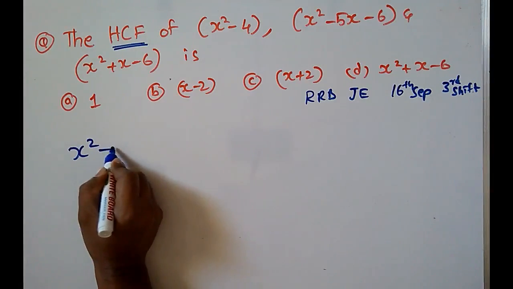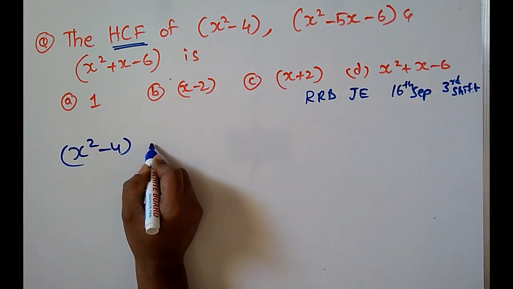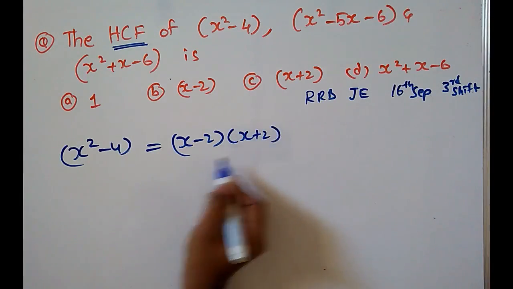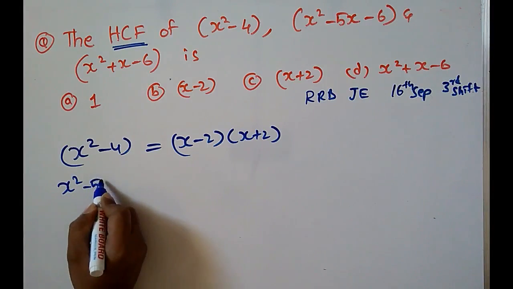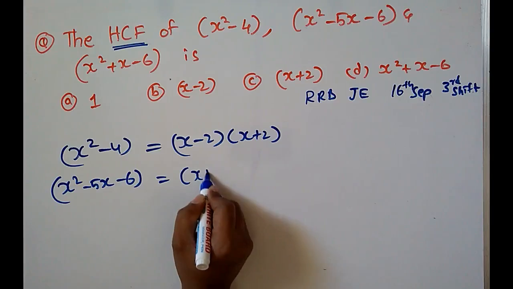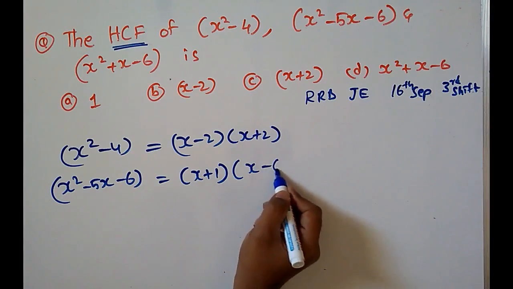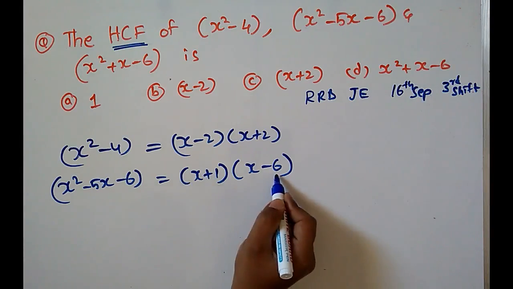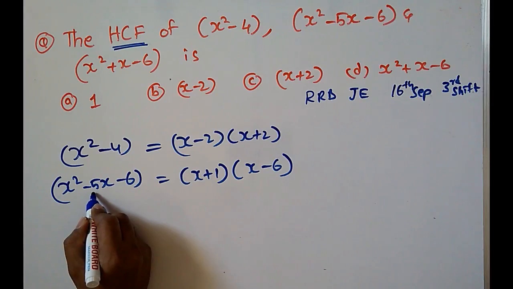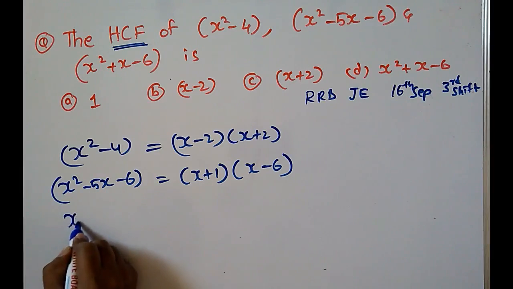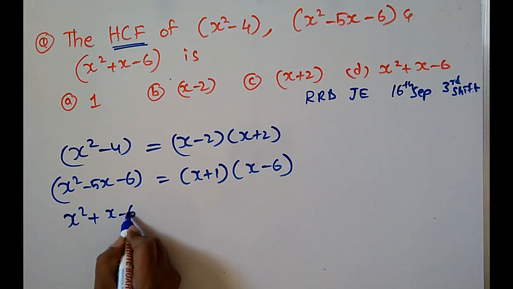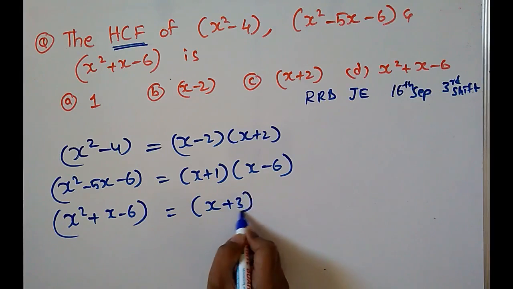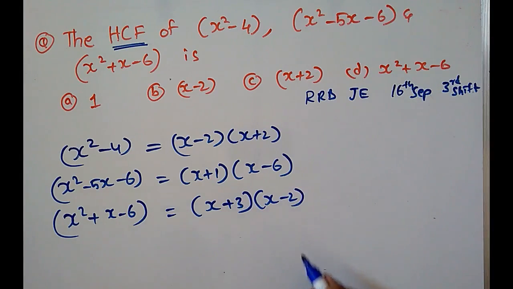If you take the first polynomial x square minus 4, the factors are x minus 2 and x plus 2. If we take x square minus 5x minus 6, the factors are x plus 1 and x minus 6. Am I right, friends? Plus x minus 6x is added, then we will get minus 5x. For x square plus x minus 6, the factors are x plus 3 and x minus 2.